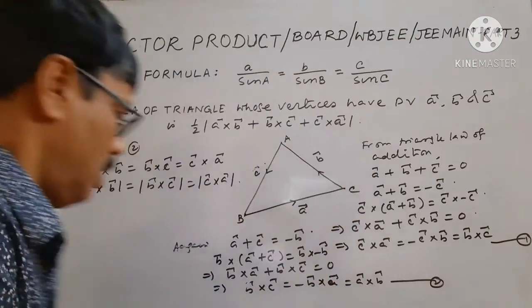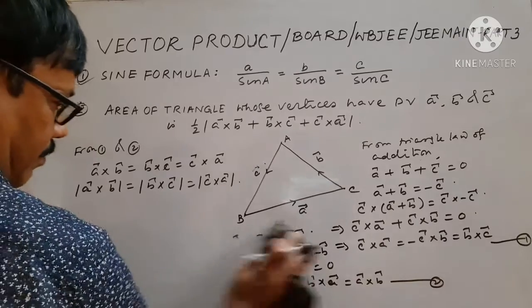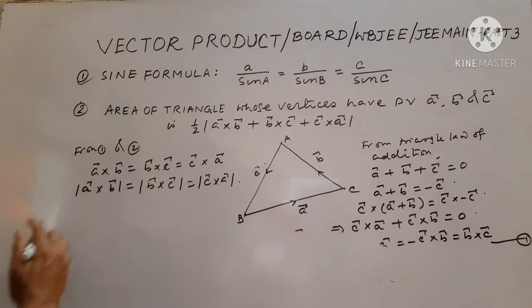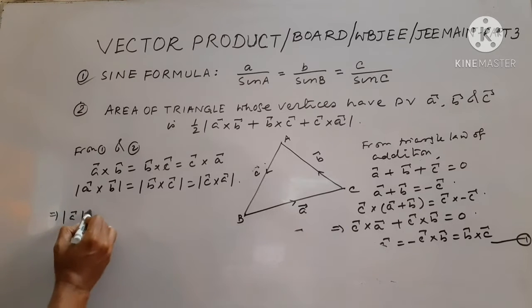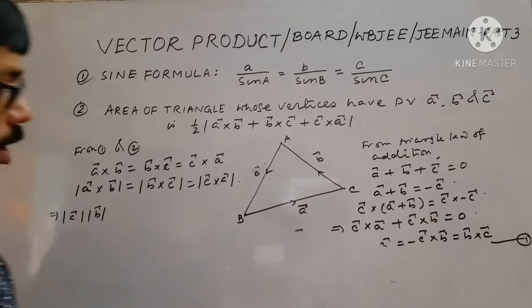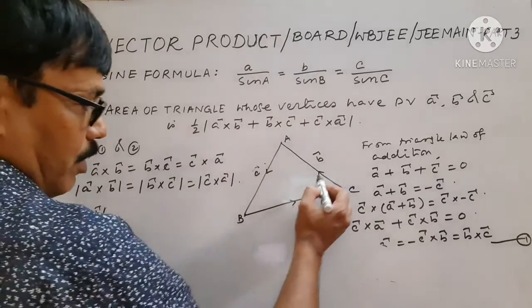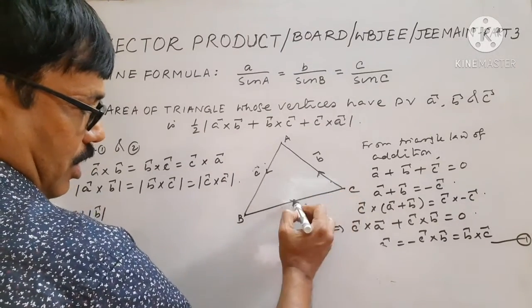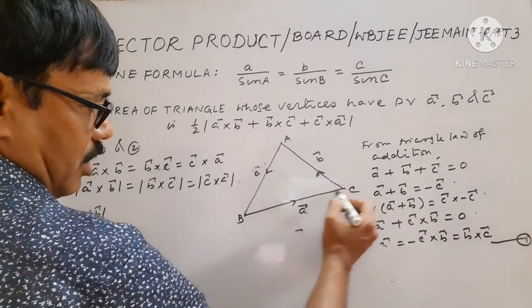Now from the definition, this is mod A, mod B. We have already stated the angle between A and B. This is not C. This is outwards. This is inwards.